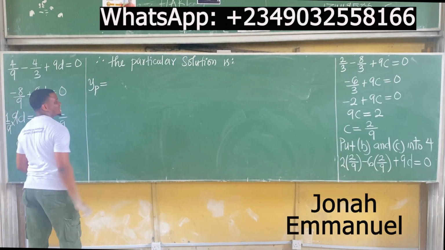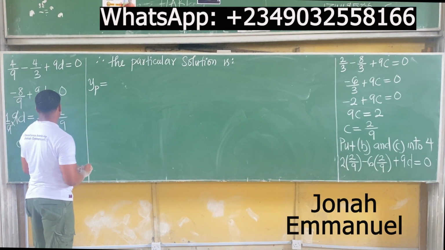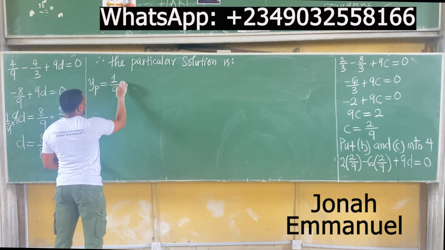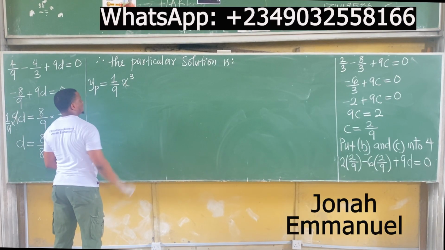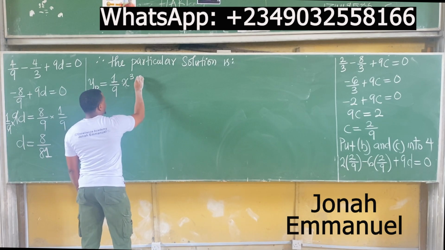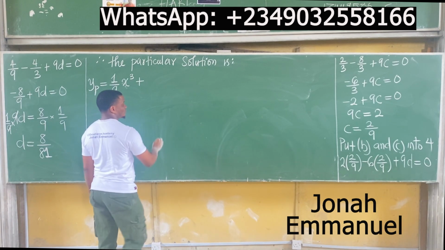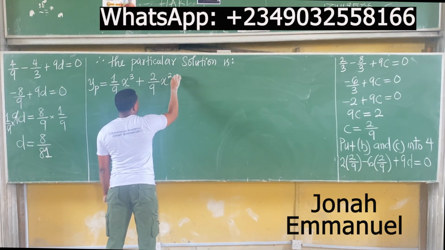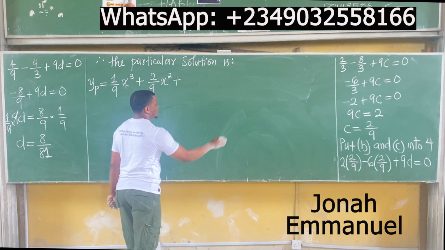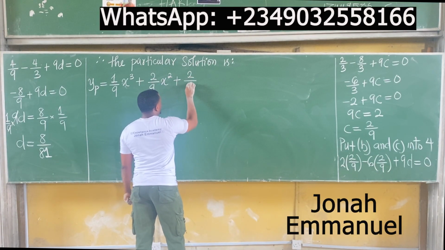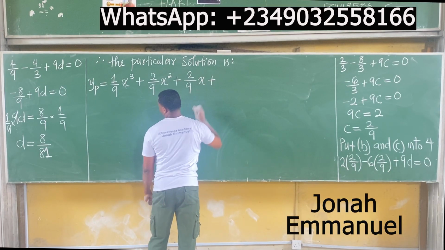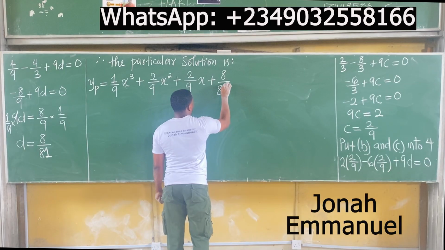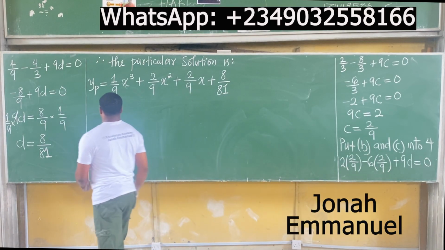YP is equal to, please give me A again. What's A? 1 over 9. AX cubed, plus B. What's B there? 2 over 9 x squared plus C. What's C there? 2 over 9x plus D. What's D there? 8 over 81.